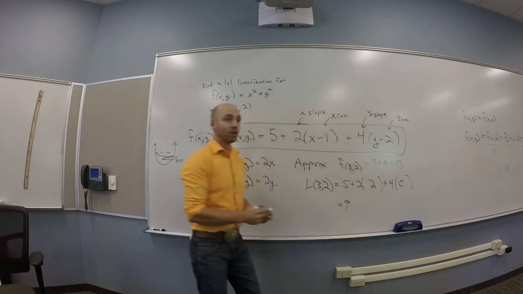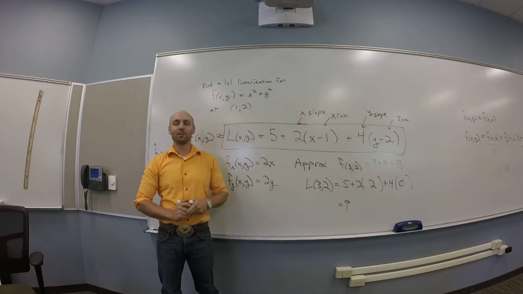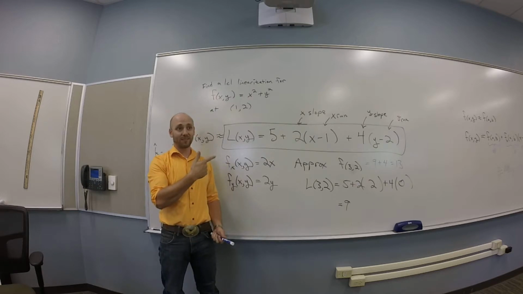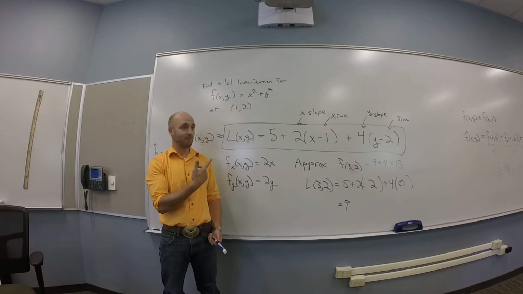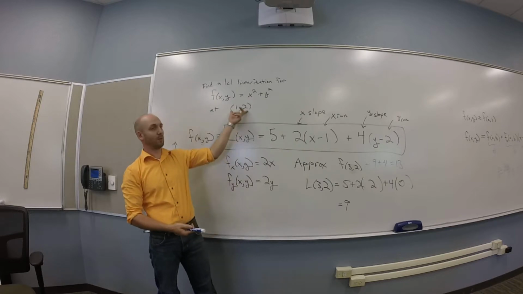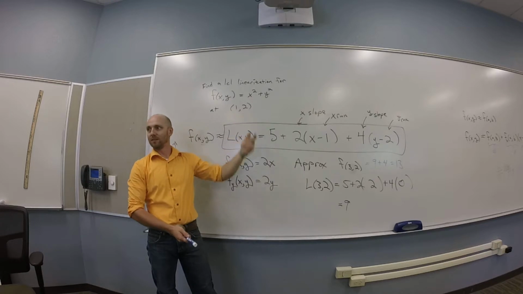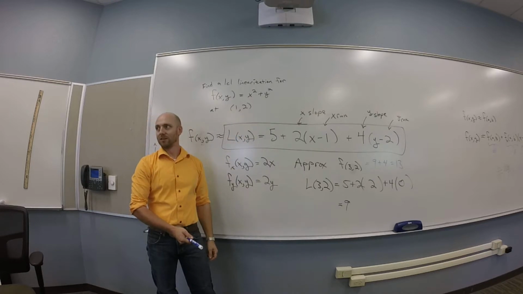Well, good, because it's an approximation and because 2 units in the x direction is actually a pretty big chunk of distance when you're talking about from the point 1, 2. They're 50% farther. You guys see that? Like that's a big increase.